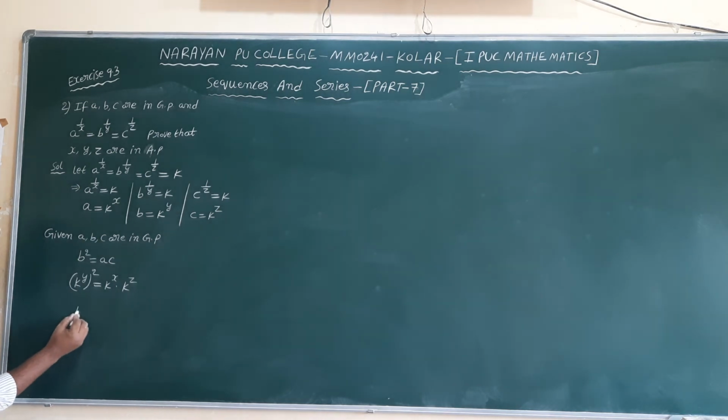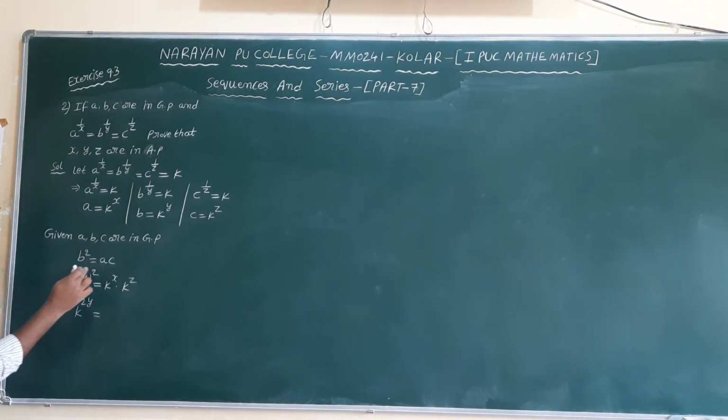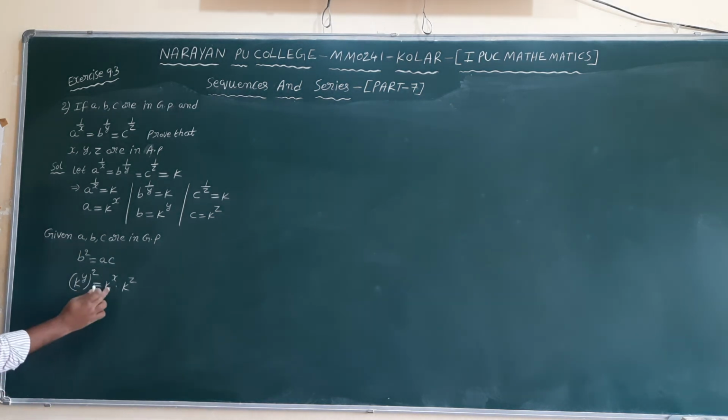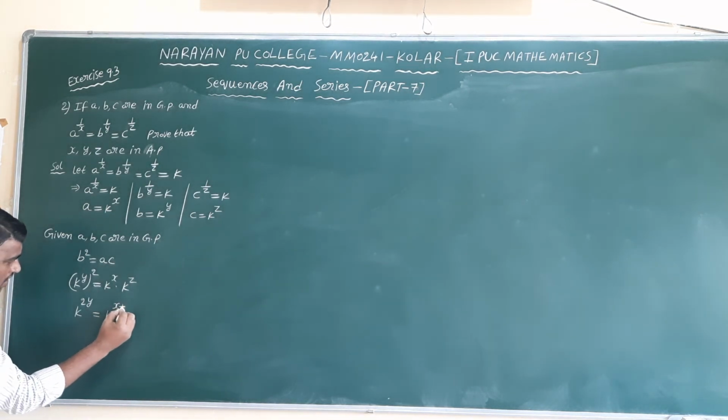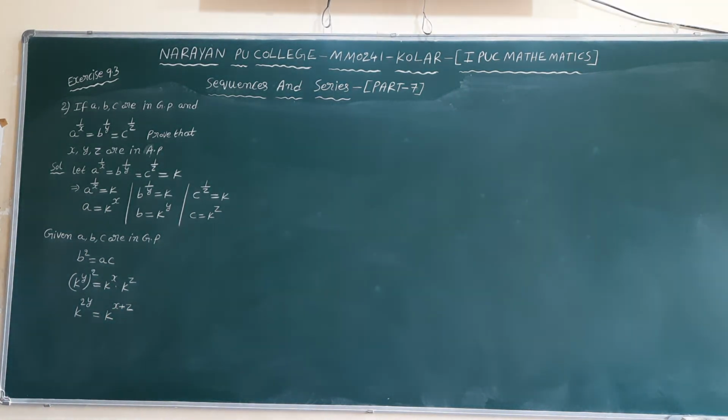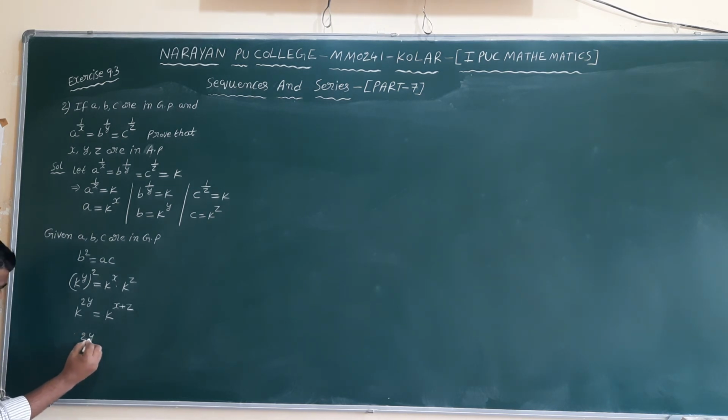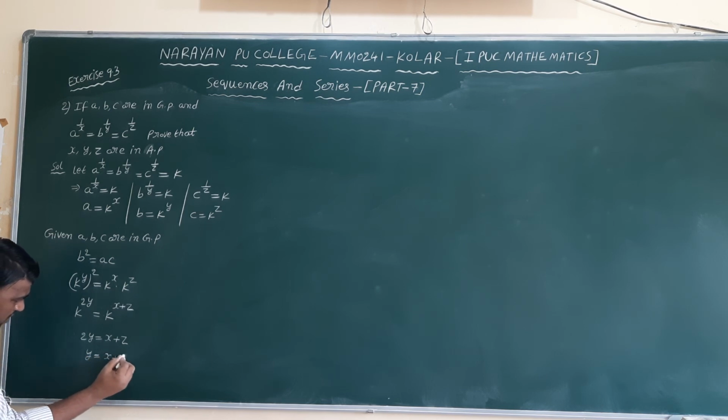This we can write as k power 2y, since A power m whole power n is A power mn. Here on the right side the base is the same, so the powers should be added: k power x plus z. Now the bases are the same, so the powers are also equal because of the equality. Therefore 2y equal to x plus z, then y equal to (x plus z) by 2.